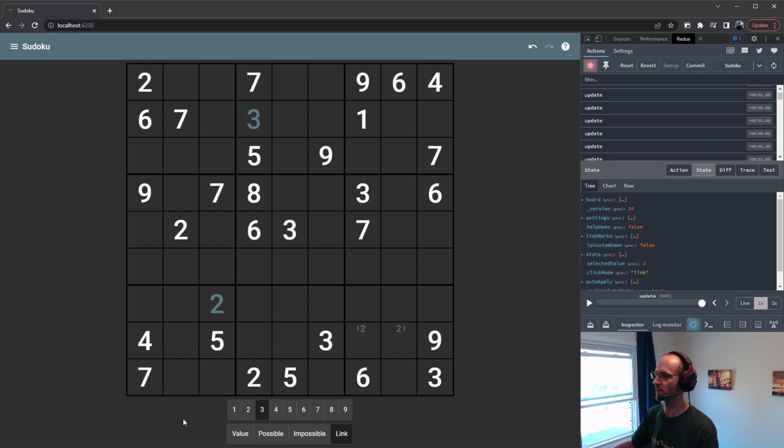Oh no, we can place the 3 here as well, because this 3 eliminates those 2, and this 3 eliminates that one, leaving only that cell left. We've got, I guess, a strong link on 3s here, and here. 4. Huh. Got a 4 there and there, but that's it.